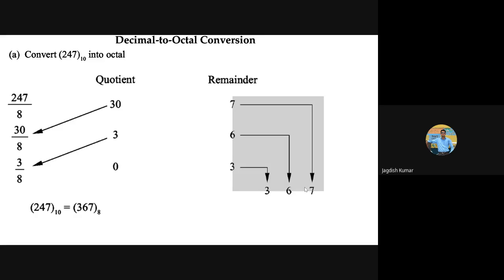You know what this number is called in the decimal number system? This is called 247. Correct? Can we call this number 367? Can we call this number 367 or not?